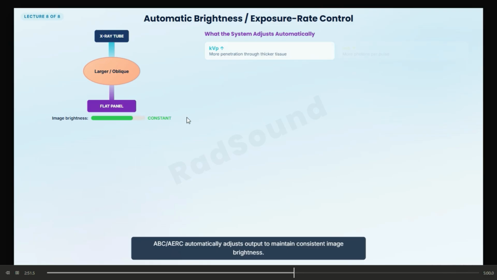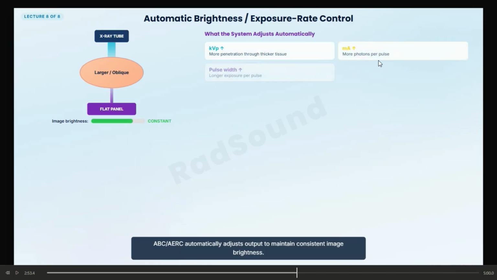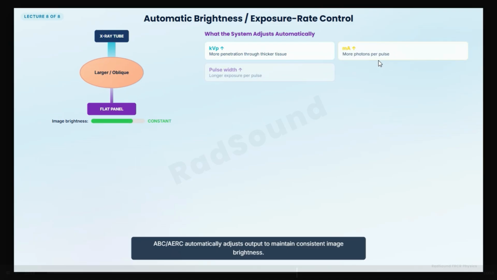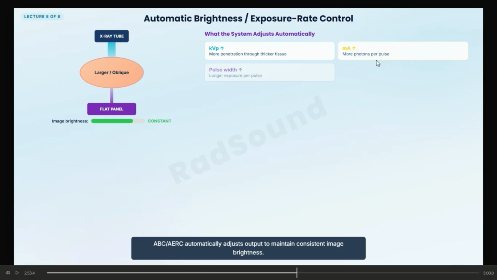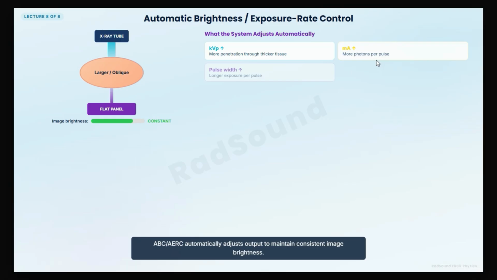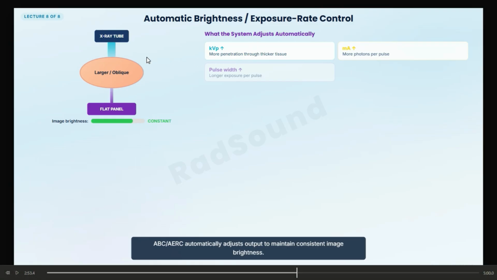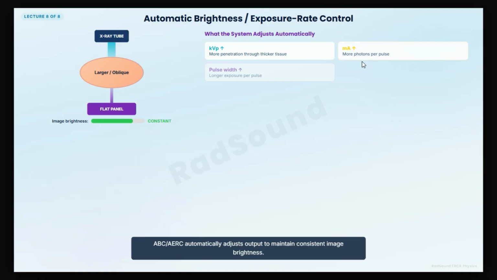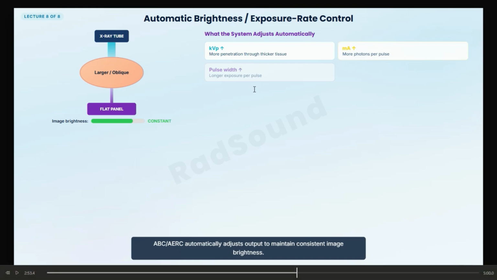No, because the mA will increase, as we have to increase the mA, the photons, for the thicker patient. We have to increase kVp because the larger patient needs more penetration. But then we will have less contrast. So we increase mA to overcome the degradation of the contrast, the implication of the increased kVp.